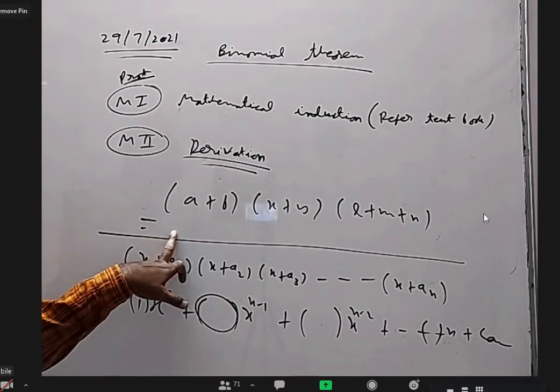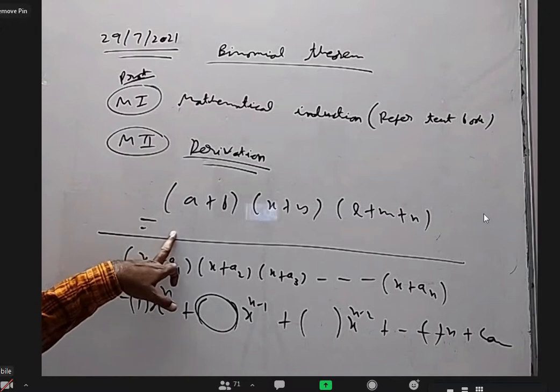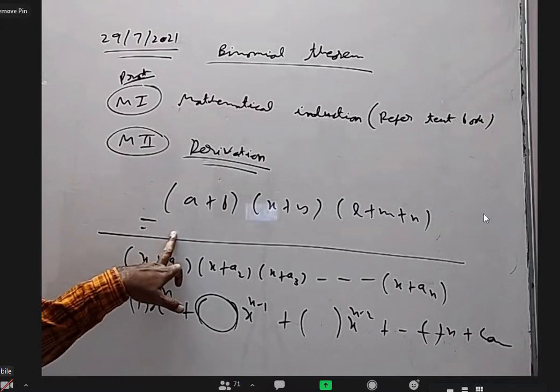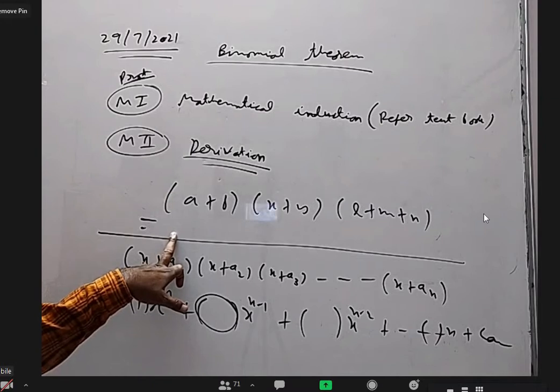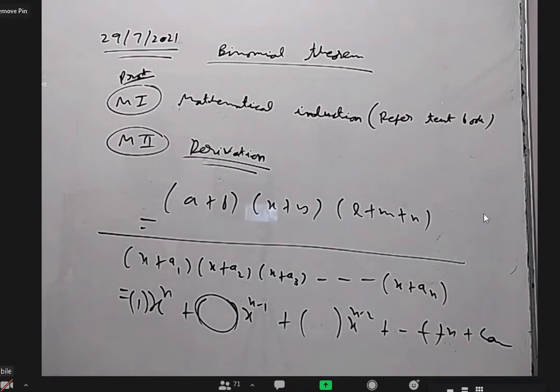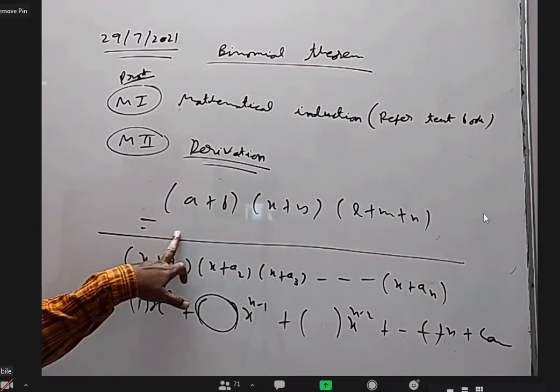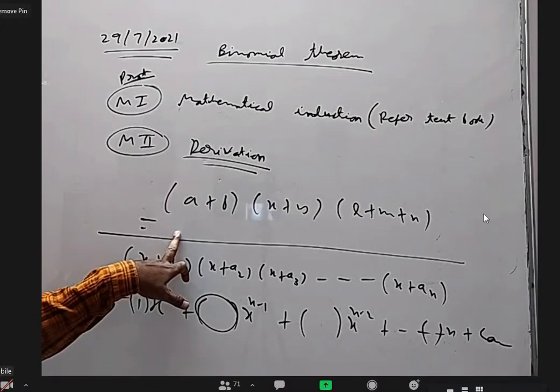AXL, one term will come or not? AXM, one term will come? ABY, any term will come? A cannot be multiplied to B, right? Will AXY, one term will come? No, sir.